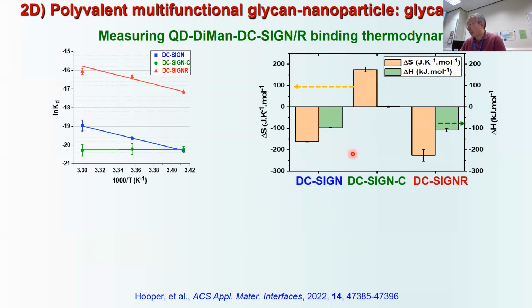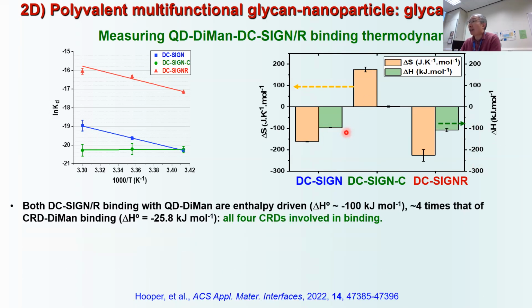And here is the result. We found both DC-SIGN and DC-SIGNR binding are enthalpy driven. The delta H is about minus 100 kilojoules per mole, which is about 4 times the monovalent binding, suggesting all 4 CRDs are involved in binding.